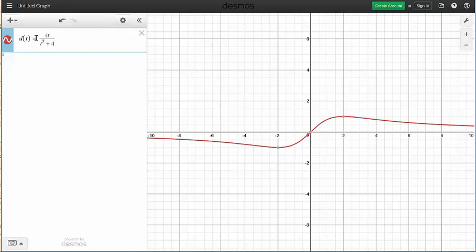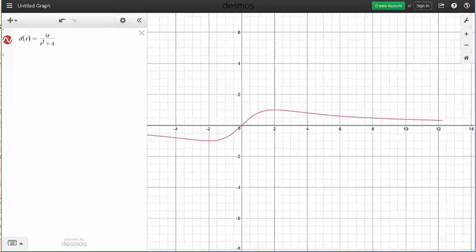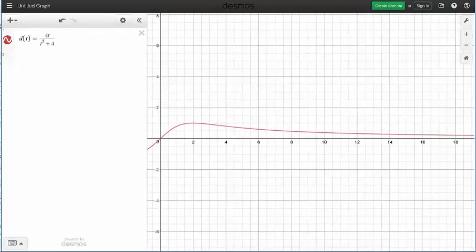Okay, so I see the graph here, and I know that this function is tracking the concentration of a drug in the bloodstream after t hours. So it doesn't make sense for t to be negative, right? The horizontal axis is representative of time. So I'm just going to drag this over here because I don't even really care about the negative side as I'm tracking this. I just want to know about that positive side.